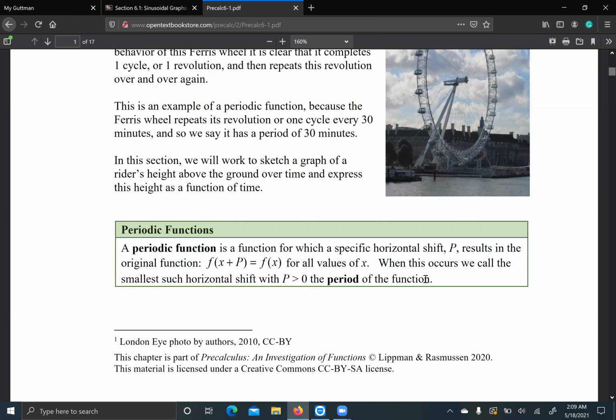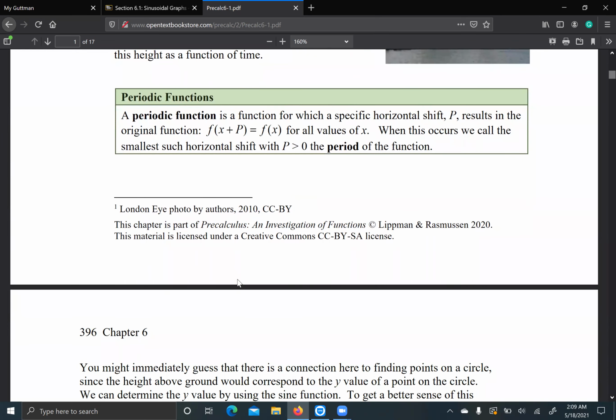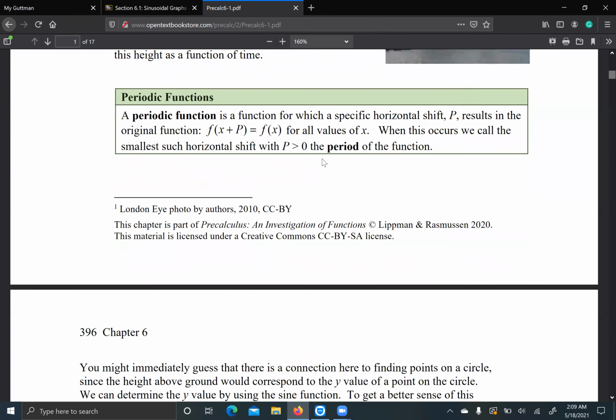Which means that you have a behavior, whatever that behavior is, and then after a period of time, or graphically after a horizontal shift, you see again the same sketch, the same graph. And the period is the smallest number or the shortest time that you see this repetition.